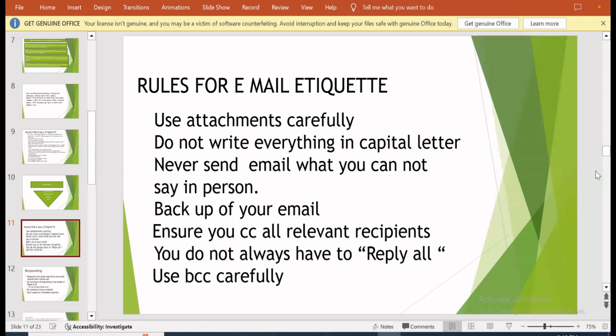I'm telling you, if you are thinking you want to stay in one organization for a long time, you should be very sincere and keep relevant email backup for your future. Whenever I was handing over my work to one person, I had worked in one company 17, 18 years.